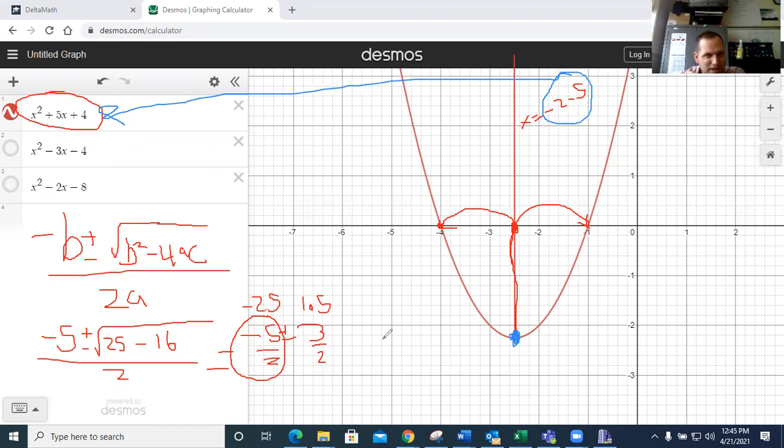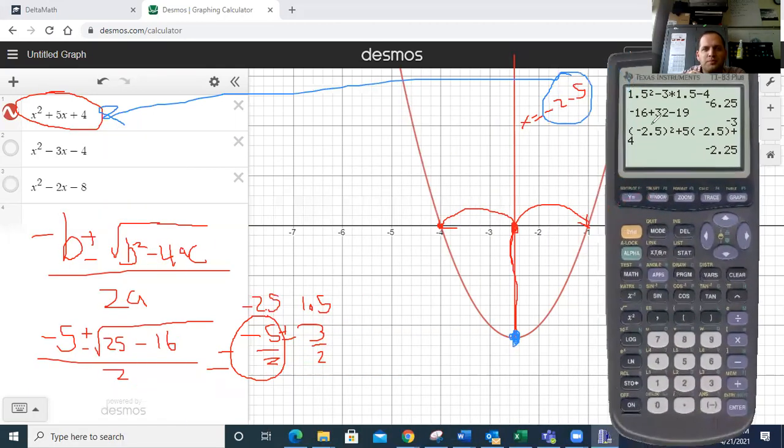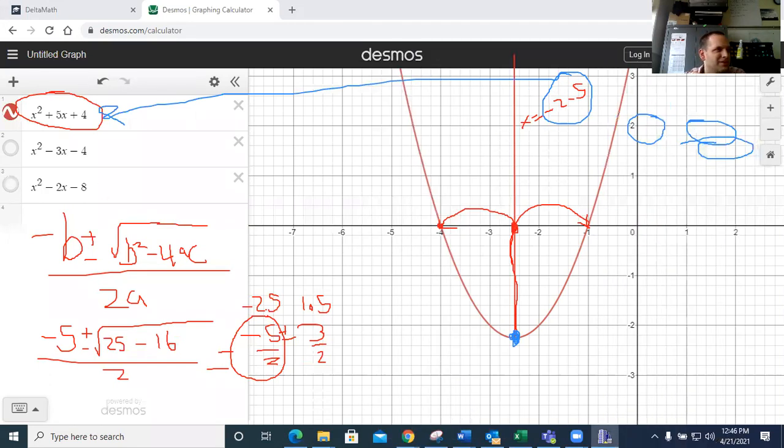So we plug in negative 2.5 squared plus 5 times negative 2.5 plus 4. We get negative 2.25. And if we look, that is right where it's at, about negative 2.25, somewhere right in there.